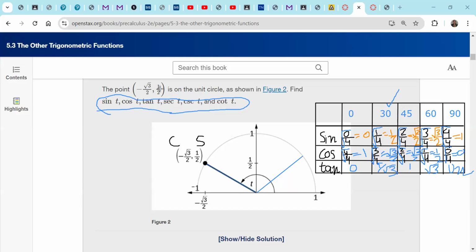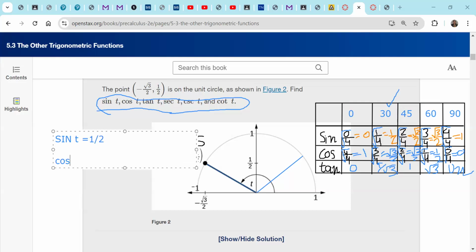They say the point is on the unit circle, find sine t, cosine t, tangent, secant, cosecant, and cotangent t. We already have sine t from here. So the sine t is equal to 1/2.